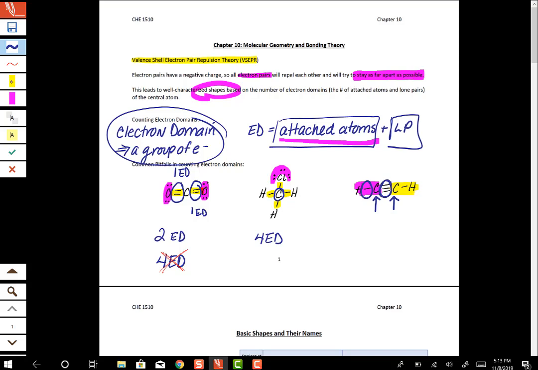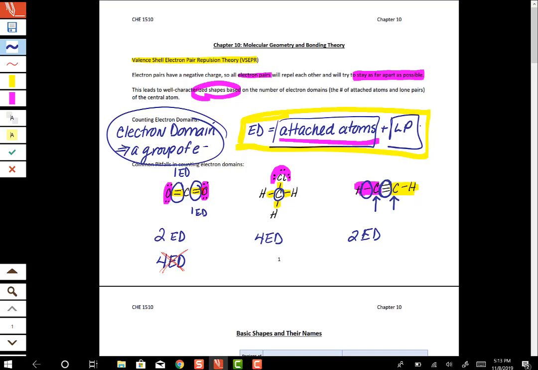The definition of electron domains that I gave you over here, or at least how to count them, is based upon the fact that a lot of times students incorrectly call a triple bond 3 individual electron domains, and that's false. Over here, we have only 2 electron domains. So the equation that I boxed in yellow is trying to circumvent that misconception.